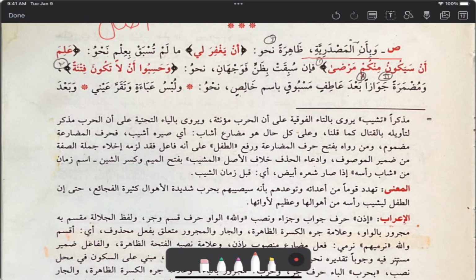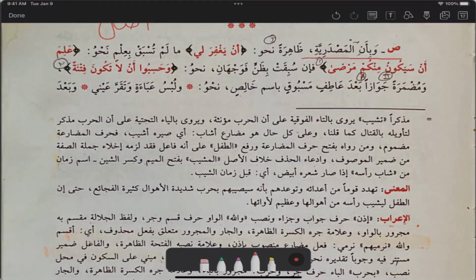It's like the mother of the chapter. So the Nasibs have a Bab, and the Jawazim, and all those things. Kana and its sisters, and Inna and its sisters. So Kana is a Bab and Inna is a Bab. So N is the mother of the chapter, but he didn't start with it. He ended with it. Any other question?